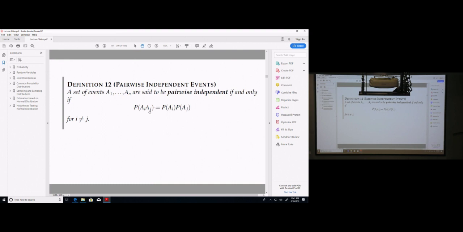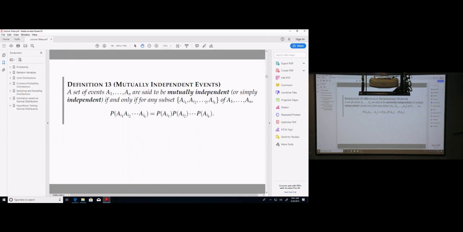So I have n events, and I introduce a new concept, pairwise independent. The definition is basically I pick any pair of the events from this list. The pair of events have to be independent. So this is the definition. Okay, mutually independent events.